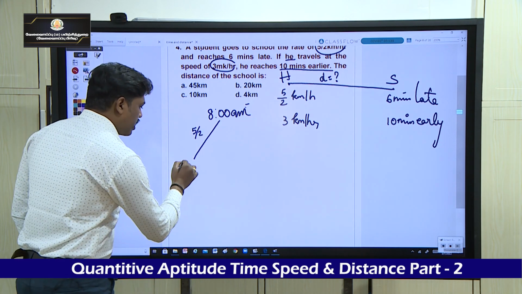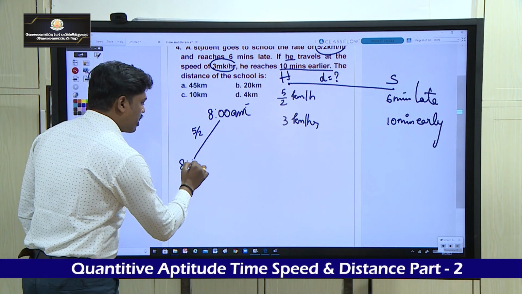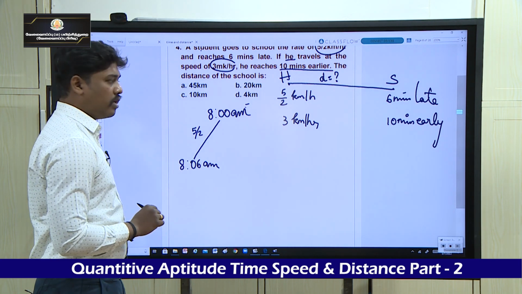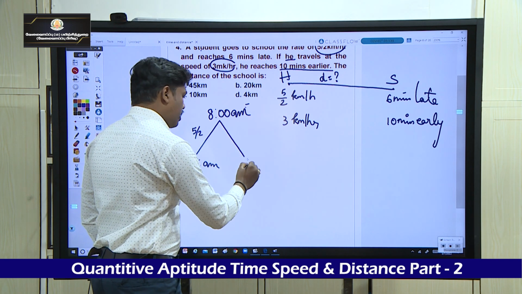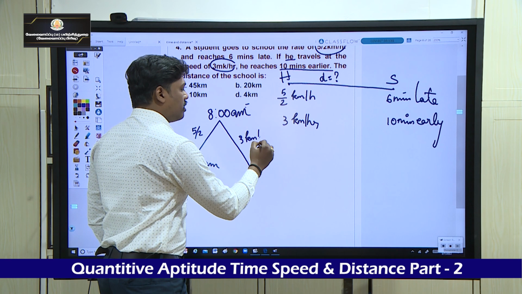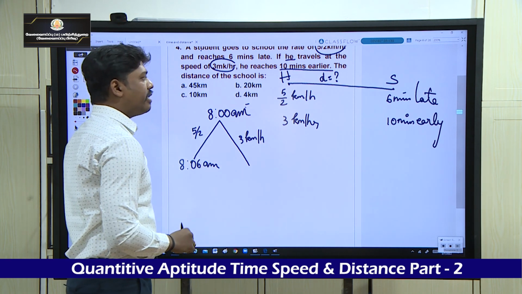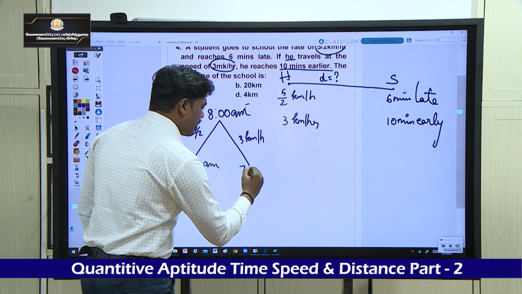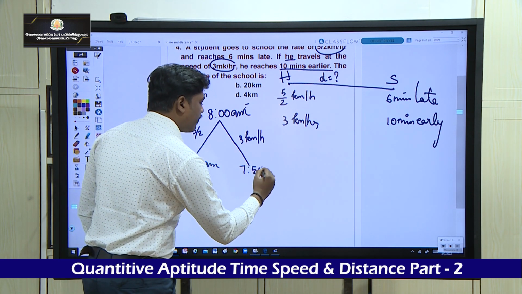So, late means he would be reaching the school at 8:06 a.m. Okay. For example, if the person moving at a speed of 3 kilometer per hour, he reaches the school 10 minutes earlier. So, he would reach the school at 7:50 a.m.